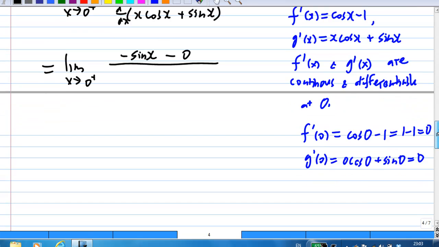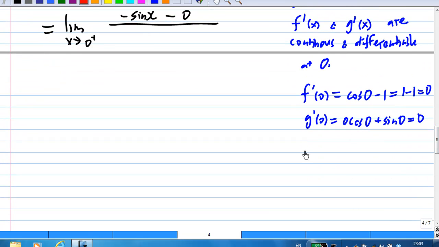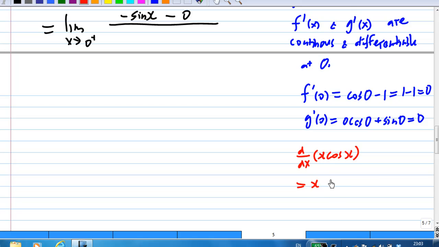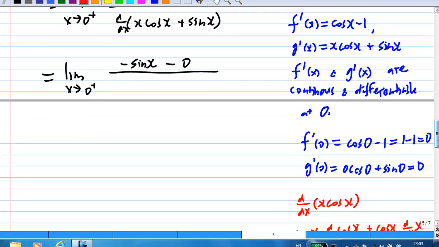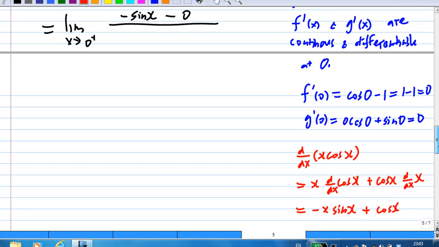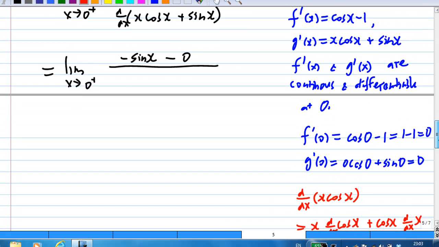Okay, let's try to do some calculation. Differentiation of x cosine x using the product rule, you get x times differentiation of cosine x plus cosine x times differentiation of x, which will give you minus x sine x, since differentiation of cosine x is negative sine x, plus cosine x. That means if I differentiate x cosine x, I have minus x sine x plus cosine x.